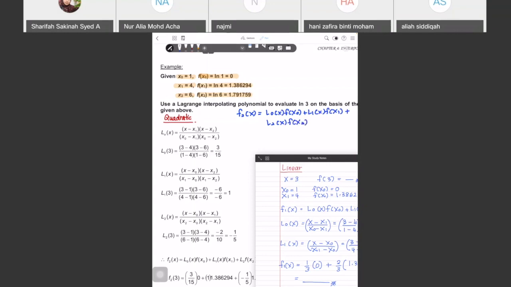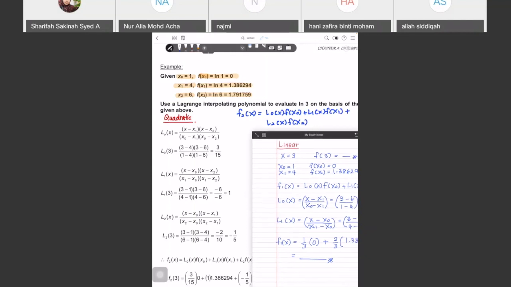Because you have 3 data points, you need to have 3 items in your interpolating polynomial. So now you want to calculate what is L0. If you look at the solution here, you have x0, x1, x2.